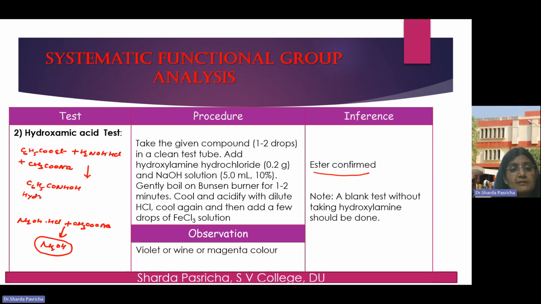That is the hydroxamic acid. And of course, you will get ethyl alcohol. Now, this hydroxamic acid will combine with ferric chloride, and it will give you ferric hydroxamate.